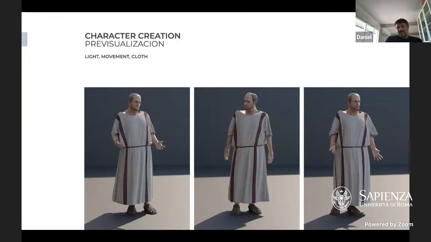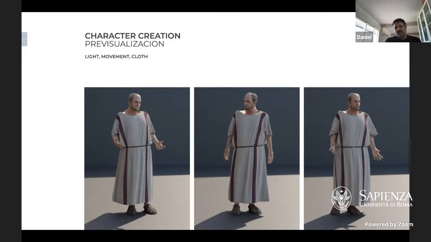So I briefly explained how to create virtual characters, dress them, and animate them. But obviously, it is not so easy.